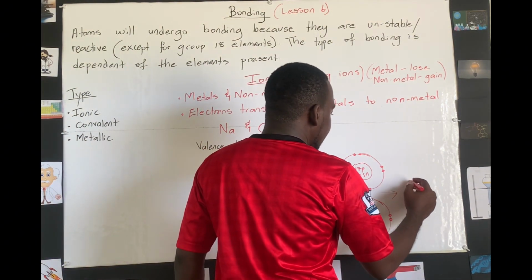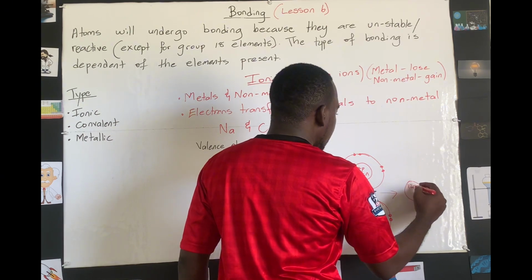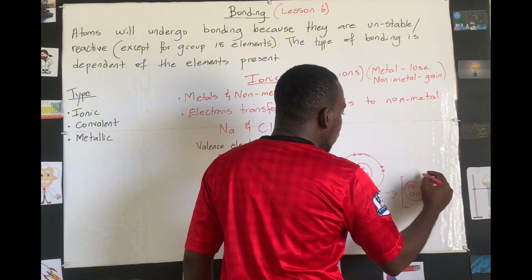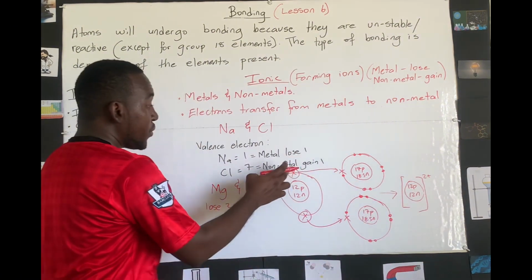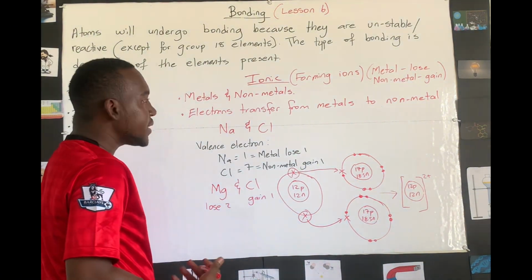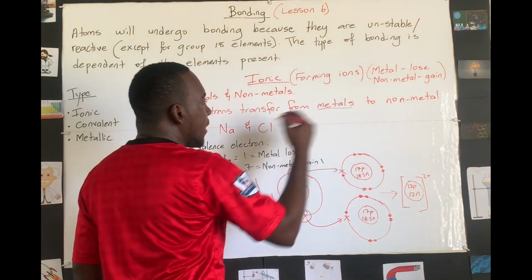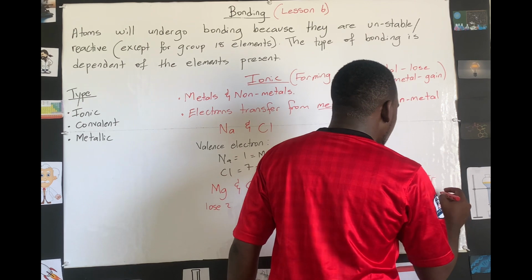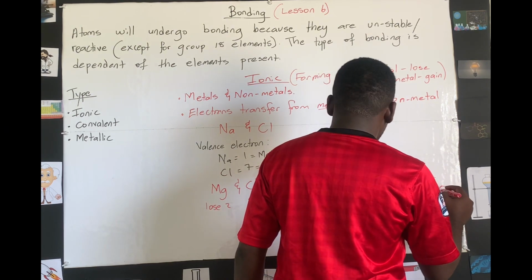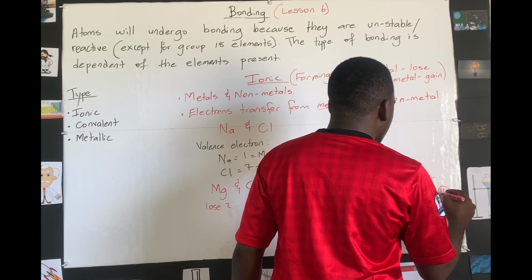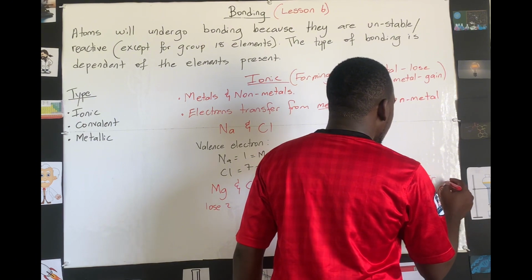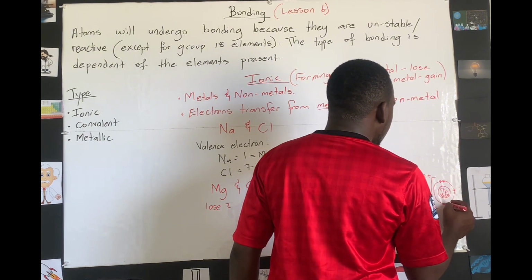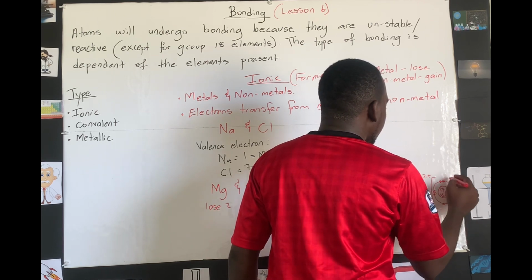Now that will give us a stable form of magnesium being 2 plus charge. 2 plus because it gave away the 2 electrons that it had. And it's plus because it is a metal and it gives away. And then we have chlorine, which now has a valence shell of 8 electrons because we donated an electron from the magnesium to the chlorine.